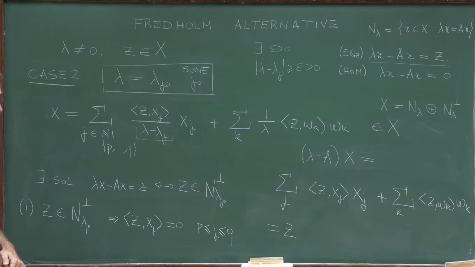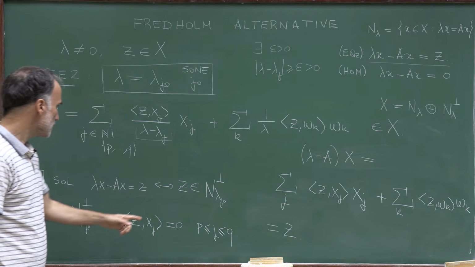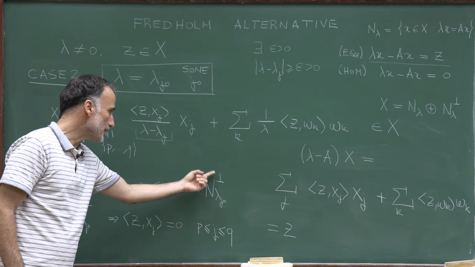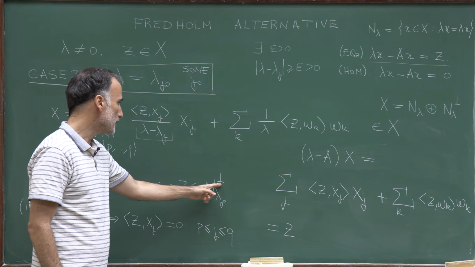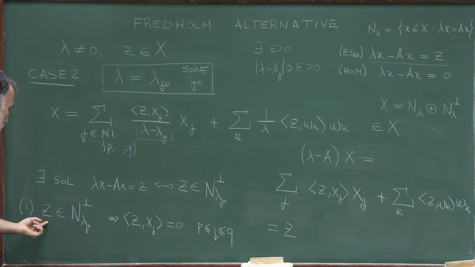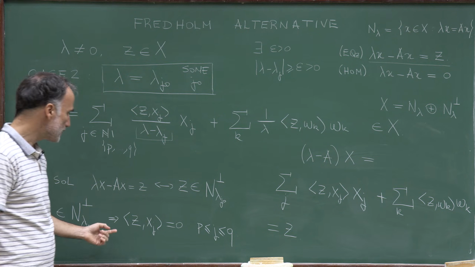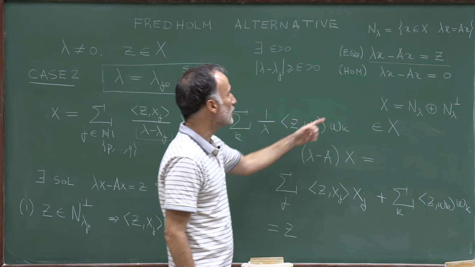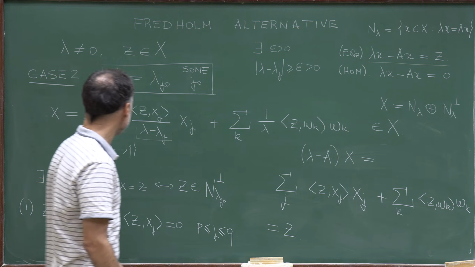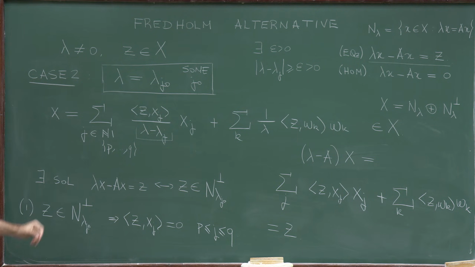Therefore we proved that if z belongs to the orthogonal of n lambda, then there exists a solution of the equation lambda x minus a x equal to z, which is given by this expression.